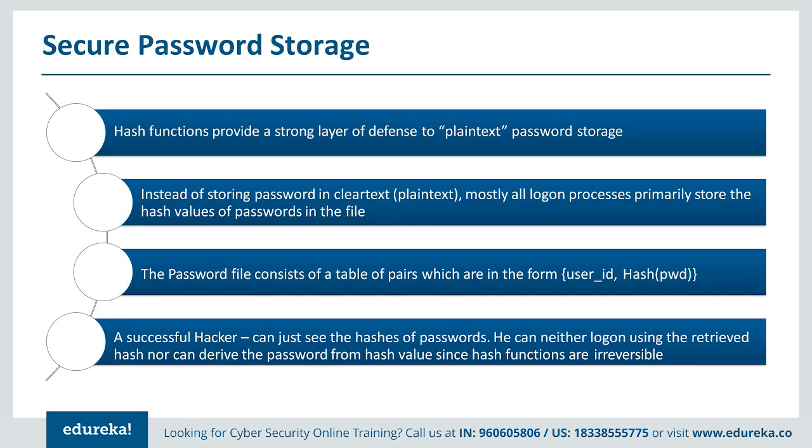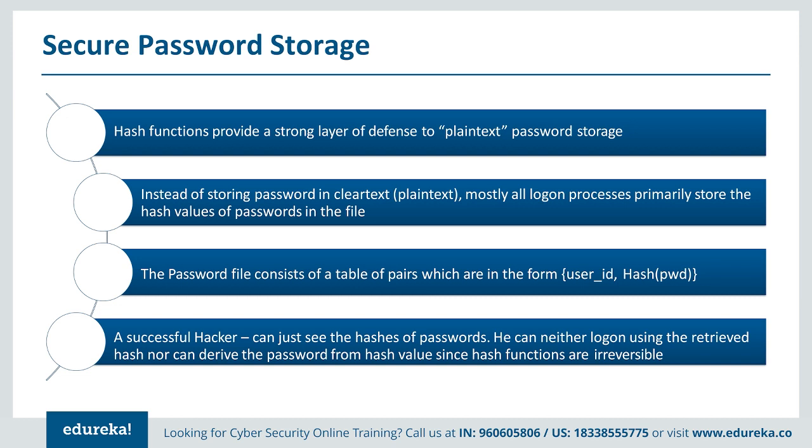Secure password storage is also a way the hashing function helps. The hash function converts the plain password into a hash value and stores it in the hashing database. The password file consists of tables with pairs of user ID and hash value. So even if the password vault is broken or stolen, they will not be able to retrieve the passwords, because the passwords are just hash values.